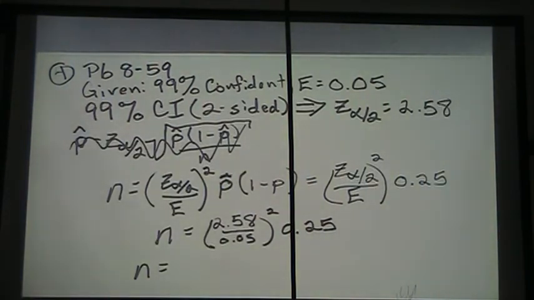All right, so let me quickly calculate that. n equals 2.58 divided by 0.05, that quantity squared, times 0.25. All right, so that gives us 665.64.